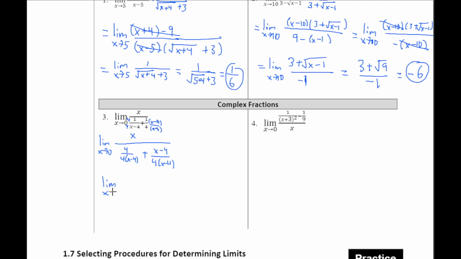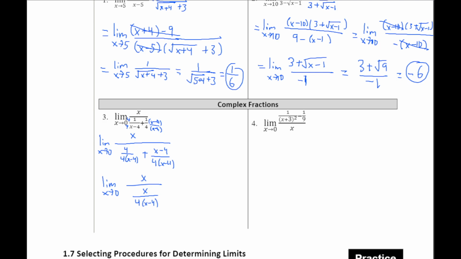Limit as x approaches 0 of x over common denominator. You can just add the numerators together. So it's a 4 times x minus 4 here. Sorry, I keep writing my 4s looking like 9s, but it's a 4. And then 4 plus x minus 4 is just x here.